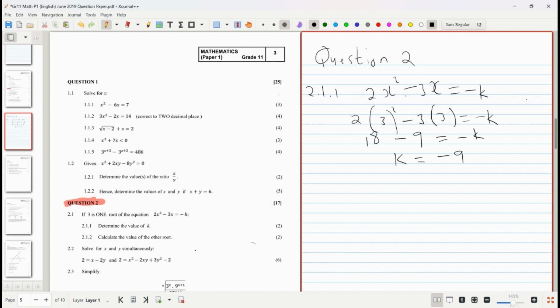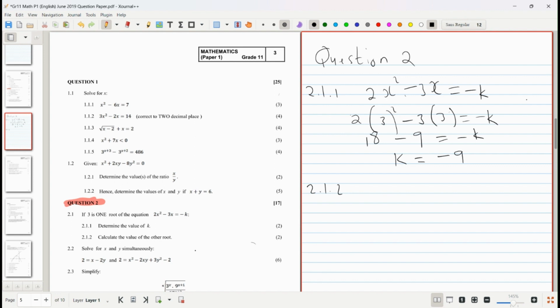So moving forward to 2.1.2. The question says we have to calculate the value of the other root. Now that we are given a root of 3, we can determine the other root.